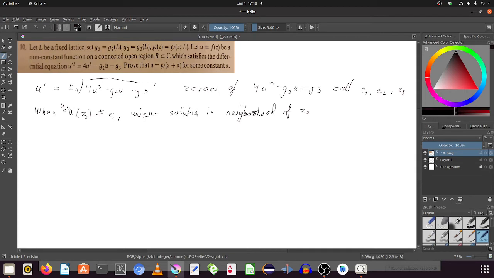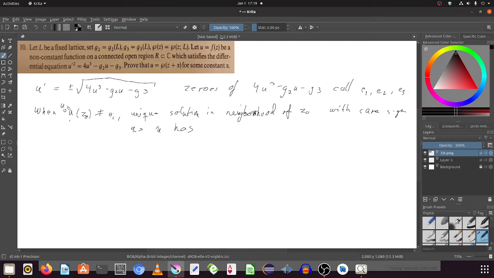So we just have to see which one it is, or rather for each, with the same sign as U has.